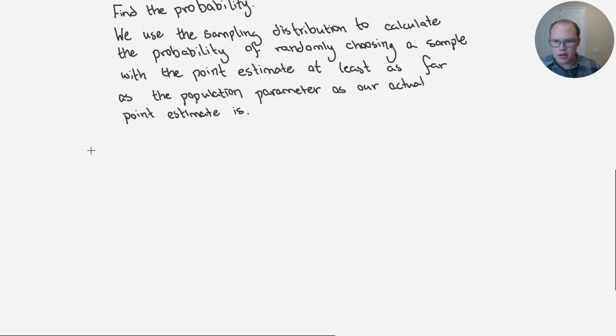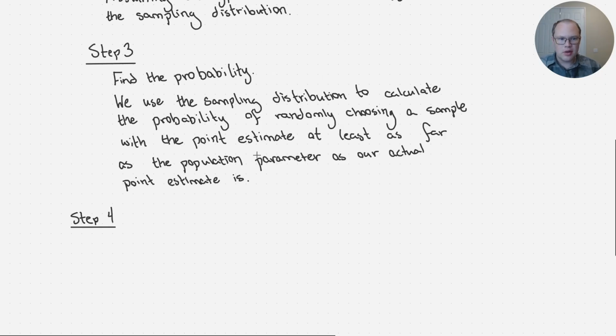And step 4, once we have that probability, it represents the probability that we randomly choose a sample. If we randomly choose some sample from our population, then the point estimate from that randomly chosen sample would be at least as far from the population parameter as the point estimate we actually got.